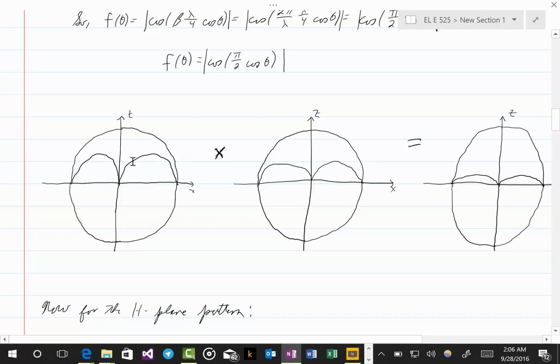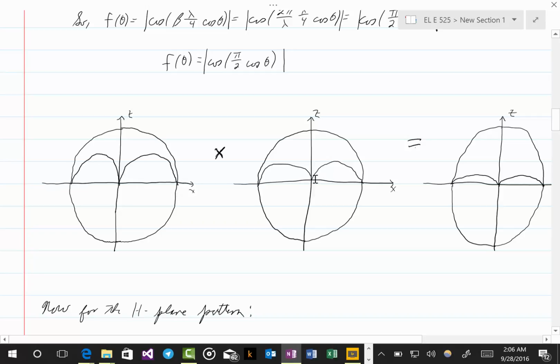So this would be our normalized array factor, and it looks quite similar to the element pattern. And when we multiply these two things together, remember now that for each of these, the distances from the origin will always be less than 1, except at this point, at theta equals pi over 2 on either side.